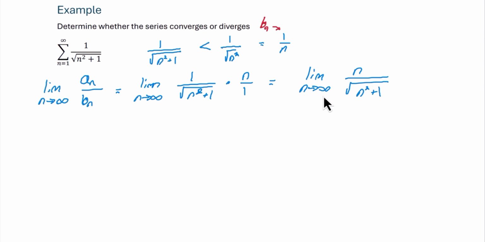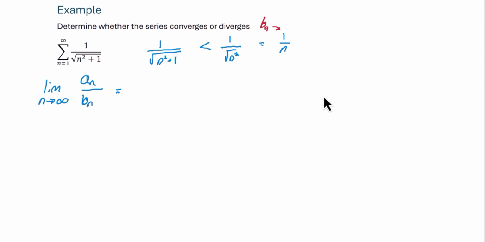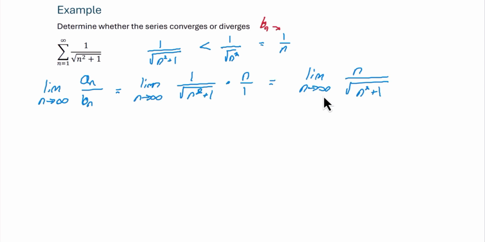Now, limits at infinity, we divide the numerator and denominator by the highest power of n that occurs in the denominator. So we're going to divide the top and the bottom by n. In the denominator, let's think of that as the square root of n squared.